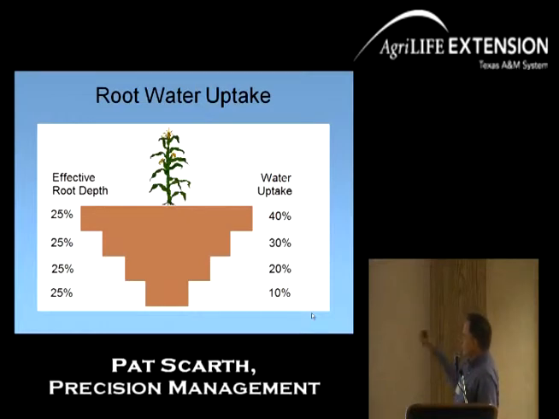So, if corn during its mature stages has a 4-foot root depth, then we're talking that 70% of that water is going to come from that top 2 foot. And since we're refilling this zone all the time, there's probably very little water, in terms of inches, coming from the bottom 2 feet.